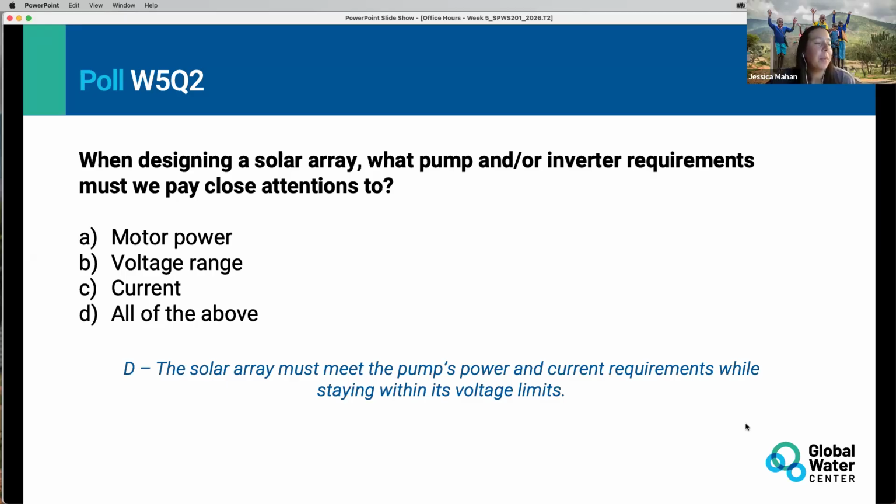So yeah, we want to meet the pump's power while also remaining within any limits, so current and voltage limits that our pump might have. Current being a little bit of a unique case because it's going to draw the amount of current that it needs, and we'll talk about that in a few minutes.